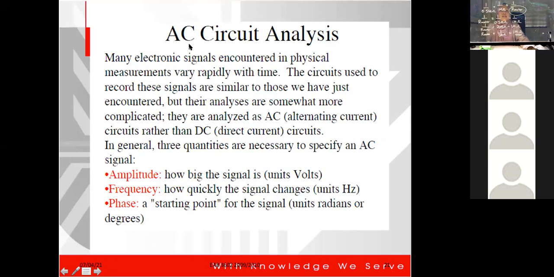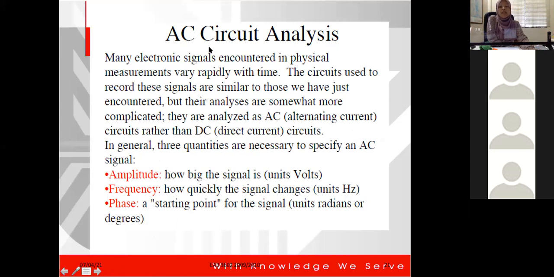The next slide is about, okay, now we are going to alternating current. So tadi yang kita buat tadi, calculation tadi is simply direct current, DC. So now we also have alternating current circuit.